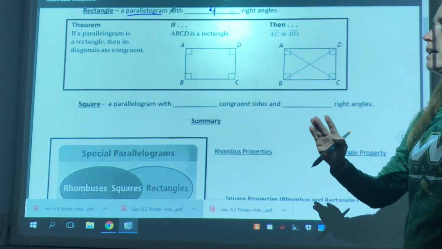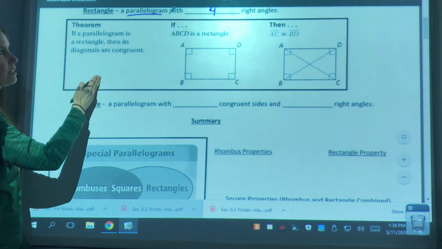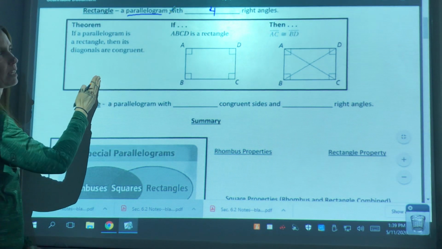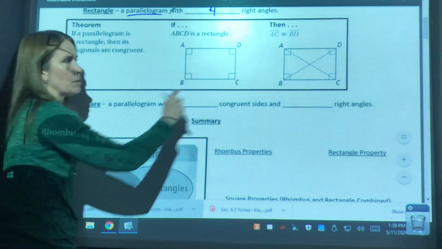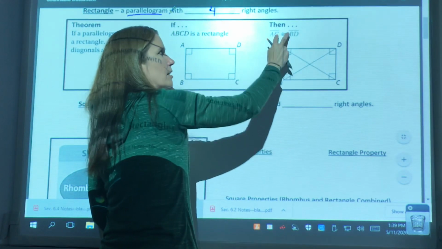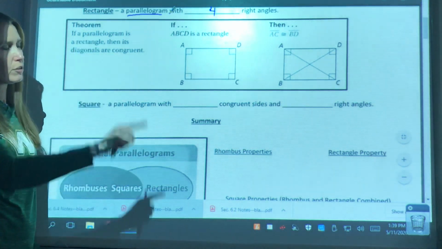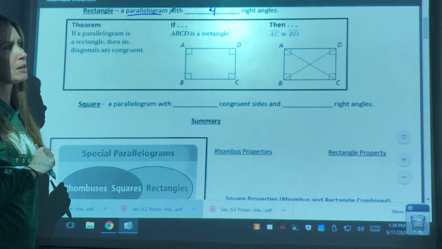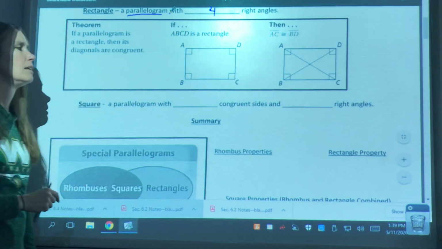And then now something new we're learning is that if a parallelogram is a rectangle, then its diagonals are congruent. Okay, so again, I see my 4 right angles, and they went ahead and drew in the diagonals, and now they're telling me that if I know for sure it's a rectangle, then I know for sure that those diagonals must be congruent to each other. Again, they're showing AC is congruent to BD.